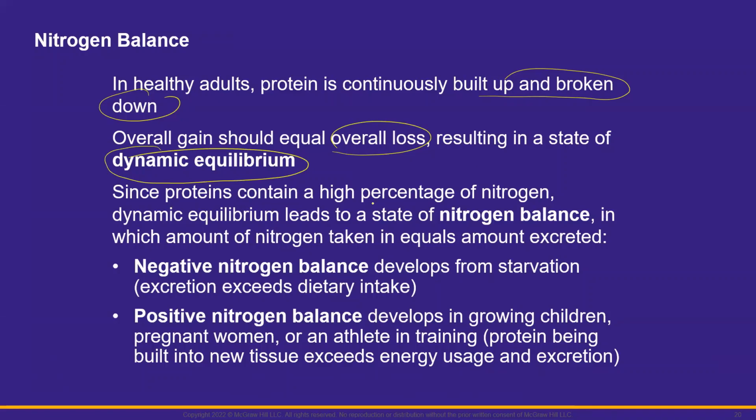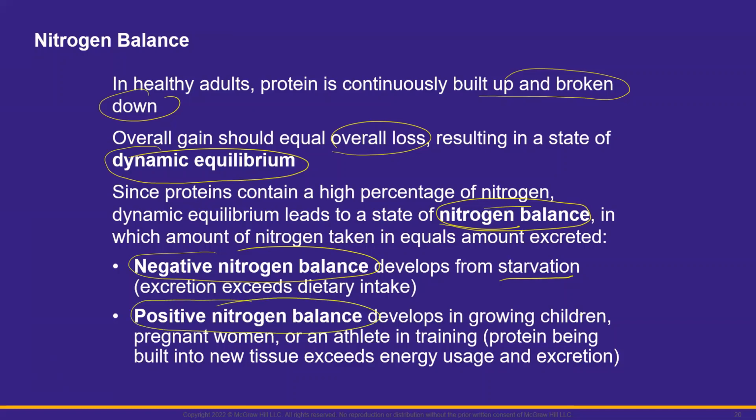Since protein contains a high percentage of nitrogen, dynamic equilibrium leads to a state of nitrogen balance. So there are two types of nitrogen balance. Negative nitrogen balance develops from starvation. If it is starvation, usually we have negative balance. And positive nitrogen balance.